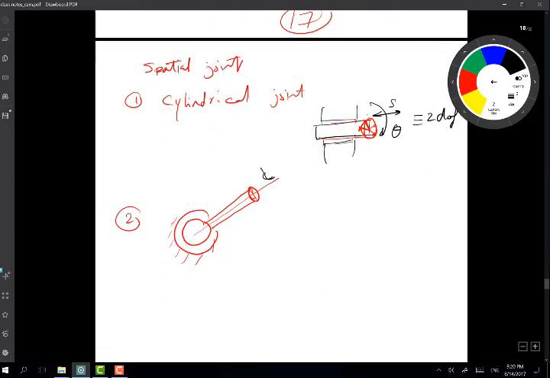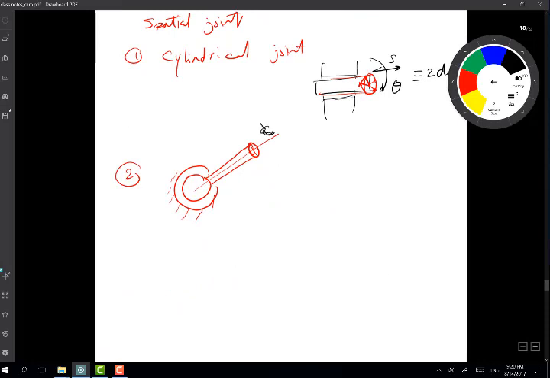Now this center line here has 2 degrees of freedom because the end of it is fixed. So x, y and z are fixed at a point. The center point is known, and so it has 2 angular degrees of freedom, being alpha and beta, the angle with the x-axis and the angle with the y-axis.